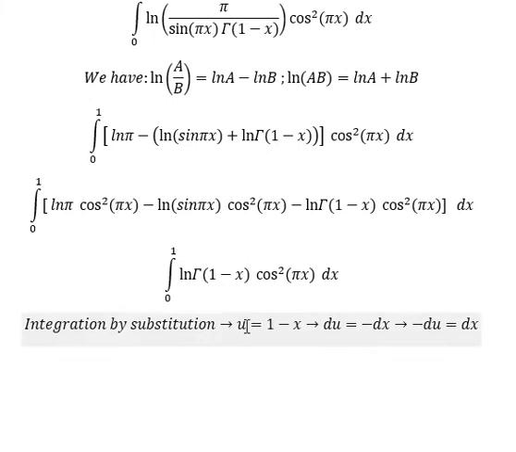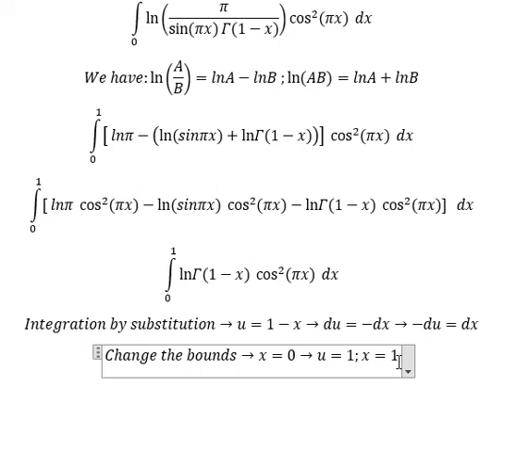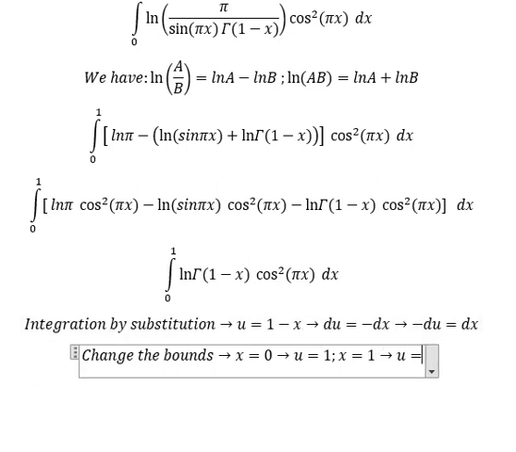Next we need to change the bounds. If s equals to number 0, so we put number 0 go in here, so we have u equals to number 1. If s equals to number 1, we put number 1 go in here, and we have u equals to number 0.